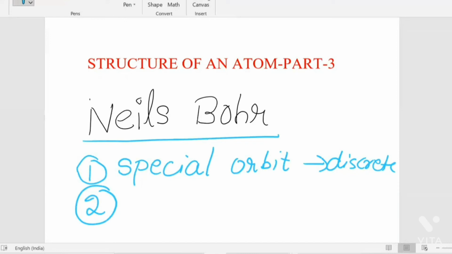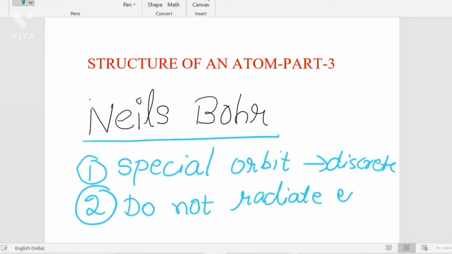That energy is not radiated out while it is revolving around the atom in different orbits. So these are the two postulates.